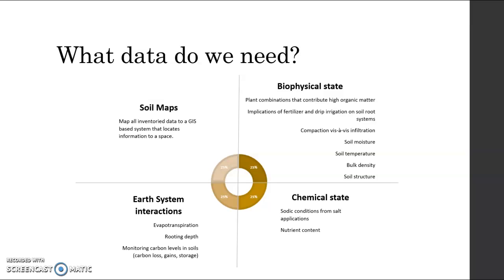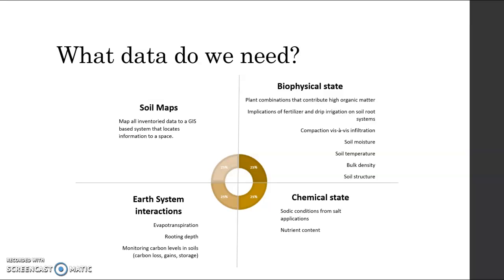And the reason soil is known as the Earth's critical zone is because that's where all of these spheres come together. Do we include this in our measurement of soil performance? Are there only certain aspects that we include? Some of the data points that came up there were measuring evapotranspiration, measuring rooting depth, and perhaps monitoring carbon levels in soils to get a sense of carbon sequestration in order to map out these relationships.